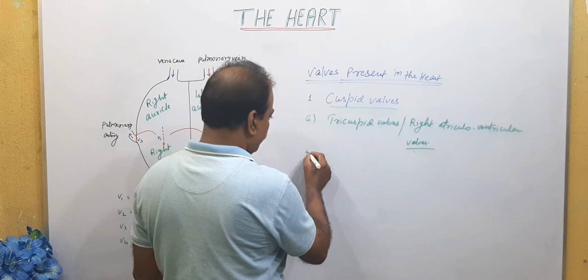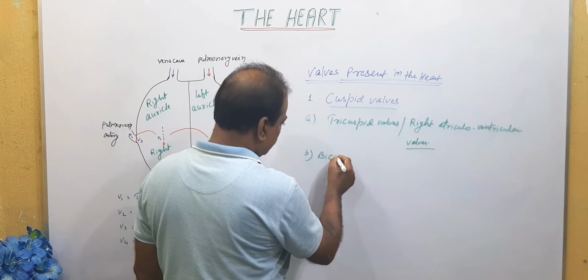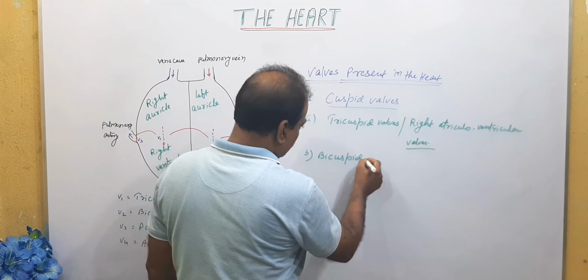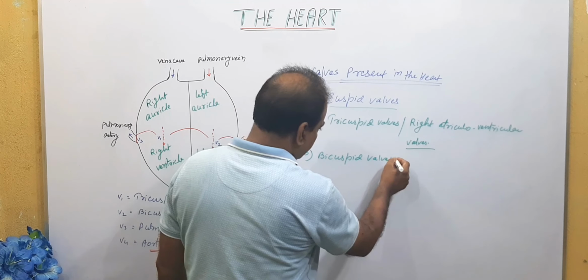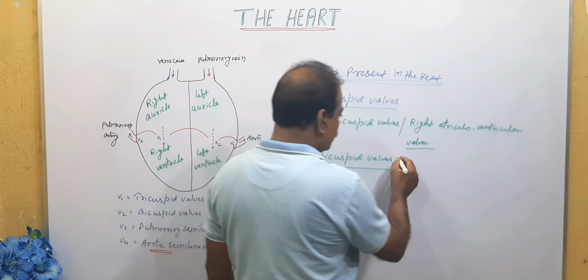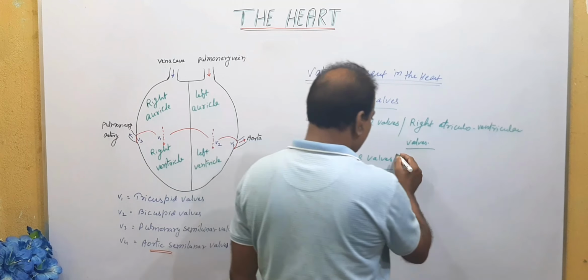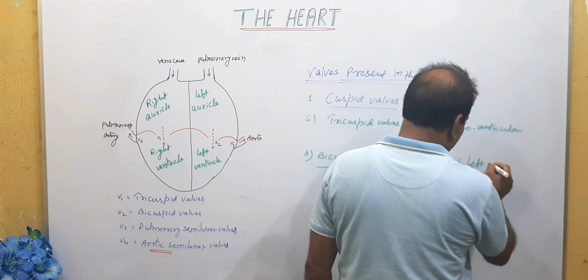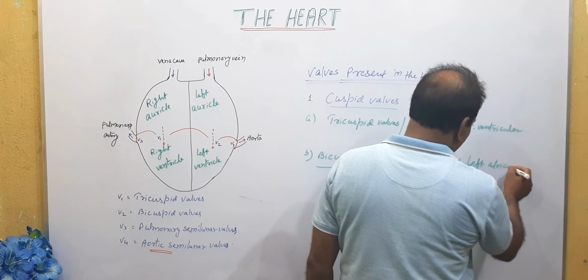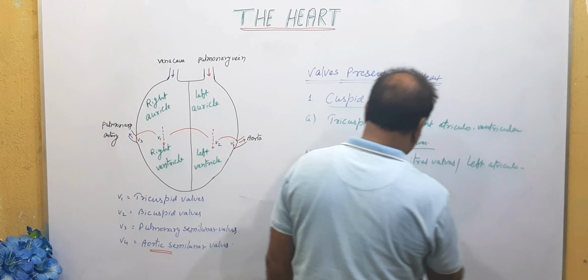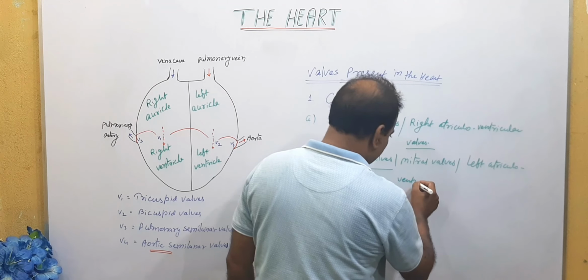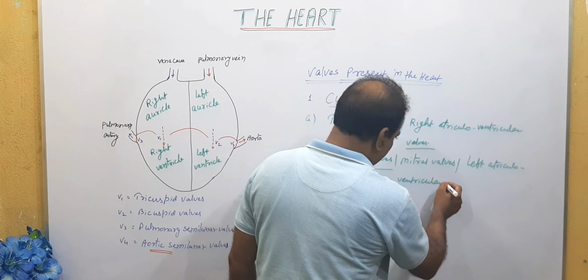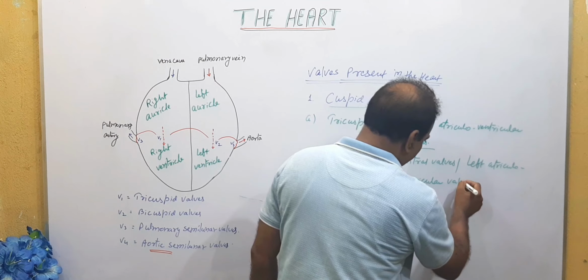Second is bicuspid valves. It is also known as mitral valve or left atrioventricular valve.